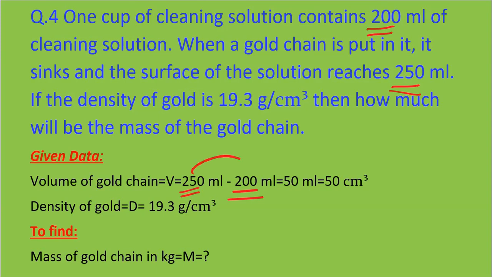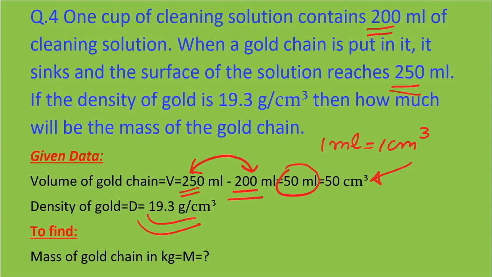So what is the difference of the volume? Difference of the volume is 50 ml. That 50 ml is equal to 50 centimeter cube, because we know 1 ml is equal to 1 centimeter cube. So it means the volume of the gold chain is 50 centimeter cube, and the density of gold is already given, which is 19.3.